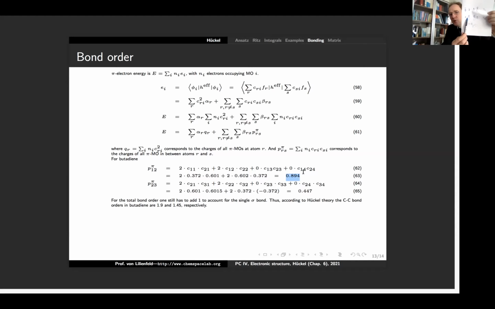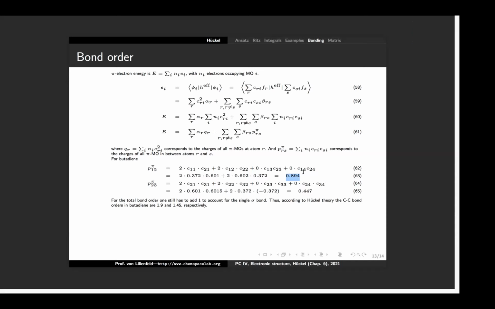So this is C21. Mm-hmm. Right? And then I add the product also from the next level. So this is C22 and this is C12.